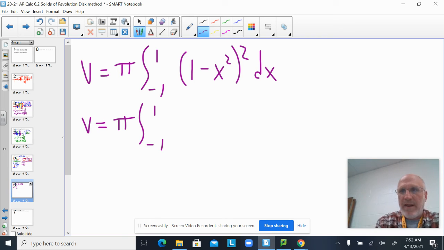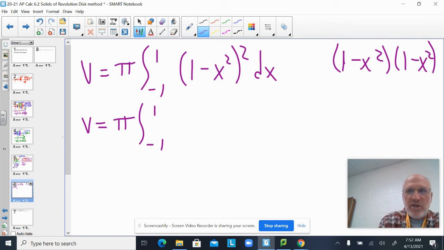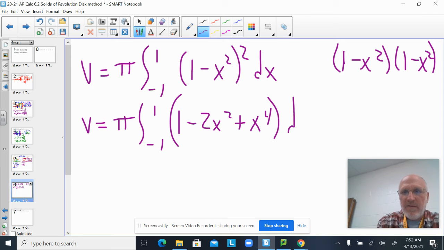I might do this in my head, but I'm distributing this. I want to write it out. I want to expand it. So that's 1 minus 2x squared plus x to the 4th dx.